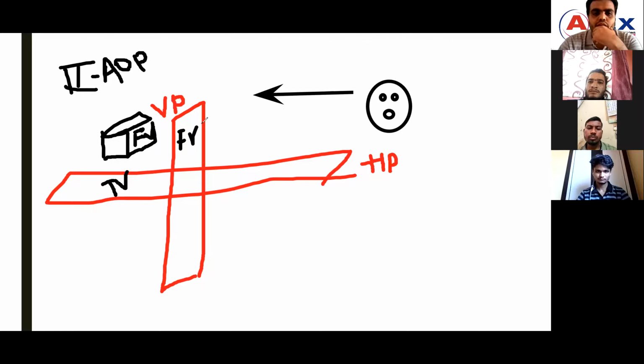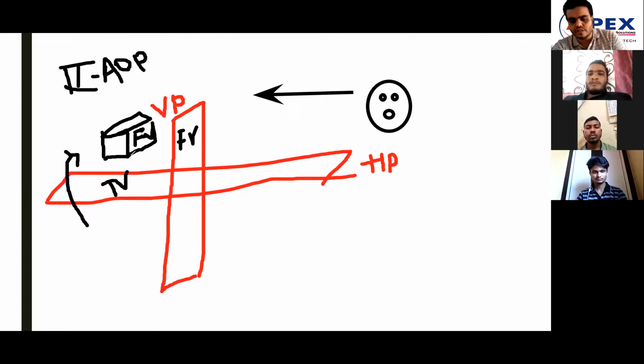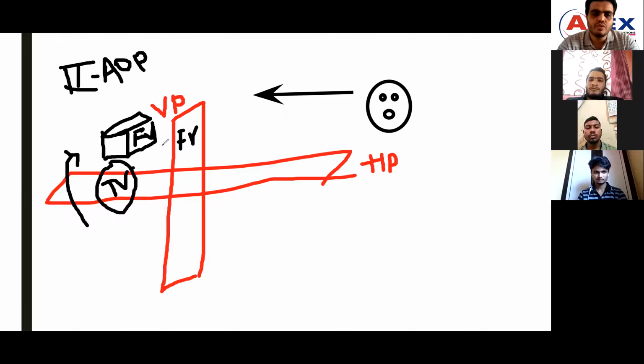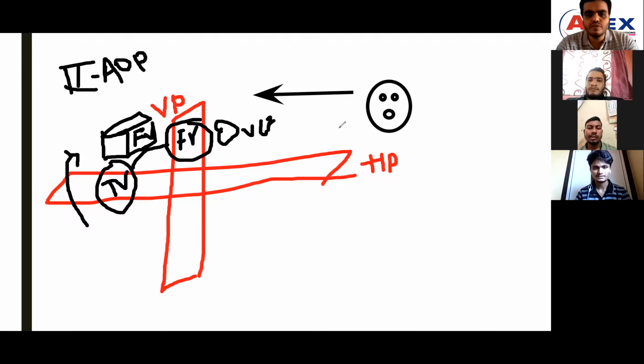The observer can't observe this top view, so I rotate this horizontal plane in a clockwise direction. Once we rotate it, the views will overlap.